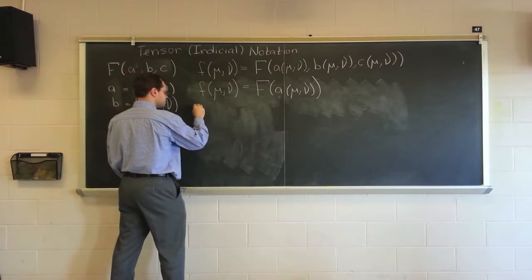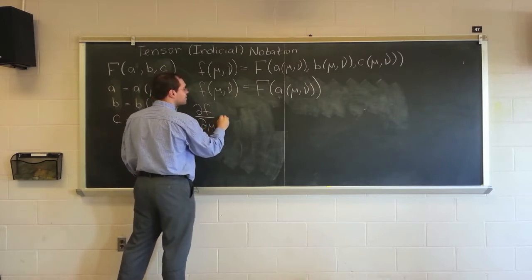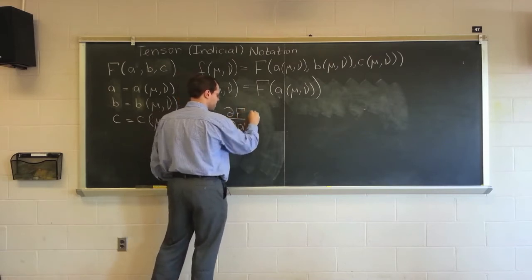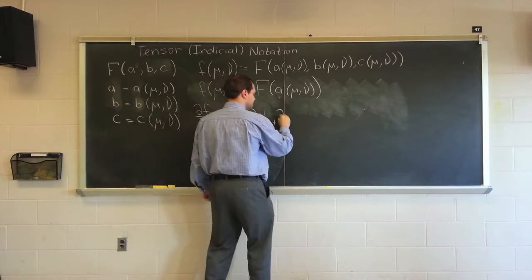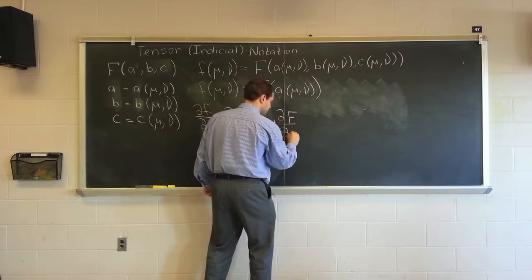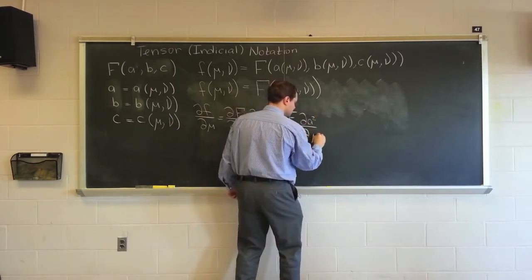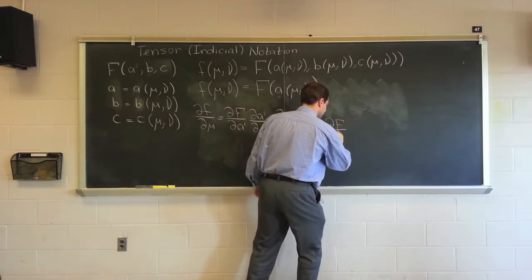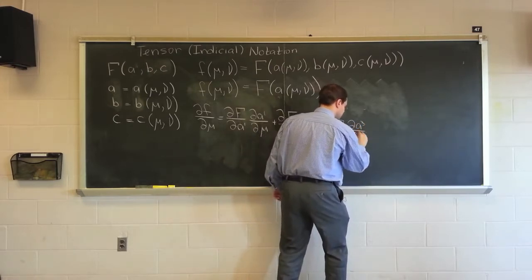We have df d mu equals df dA1 dA1 d mu, plus df dA2 dA2 d mu, plus df dA3 dA3 d mu.